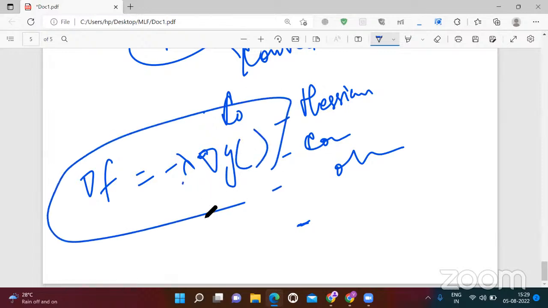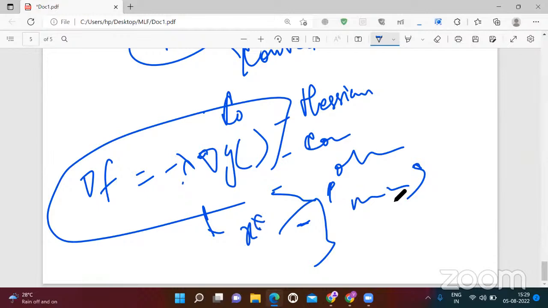You'll be able to solve that problem. Whatever x values you are getting, just put them in the objective function and see for which x you are getting minima or maxima. If you have been asked to calculate the minima, just put that x star. If you have been asked to calculate the maxima, then put the x for which you are getting the maximum value out of these 3 or 4. Right? Clear? Okay, sir.